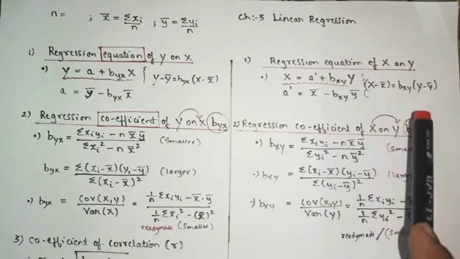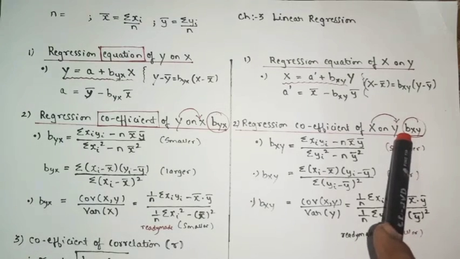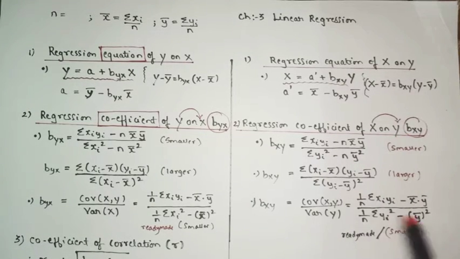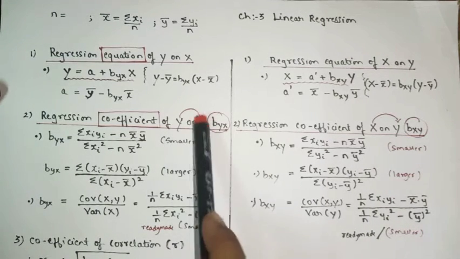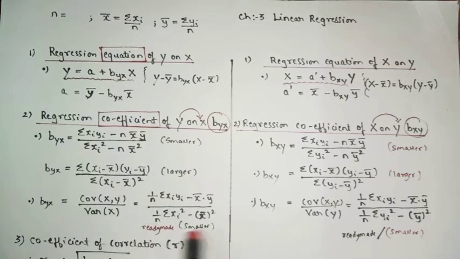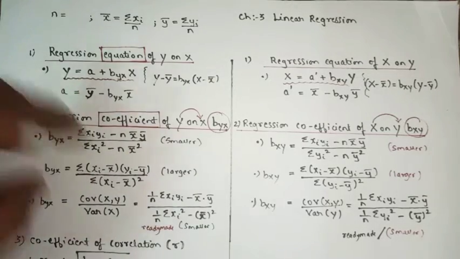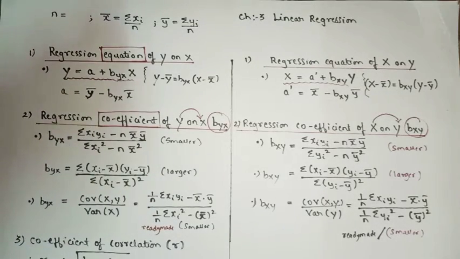X on y, the pressure is on y, so y will come in the denominator. Can you see, everywhere there is y only. Whenever it is y on x, x will come. Got the point?